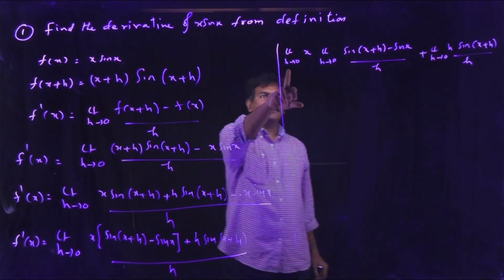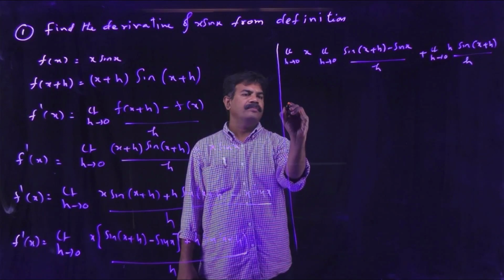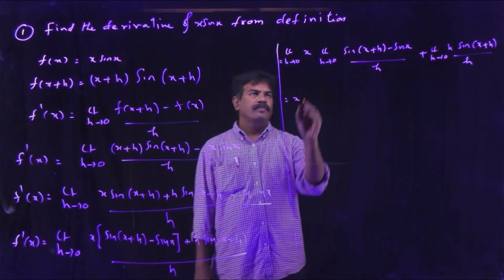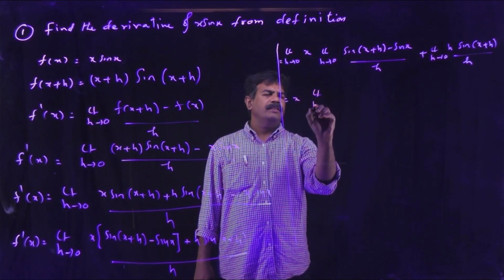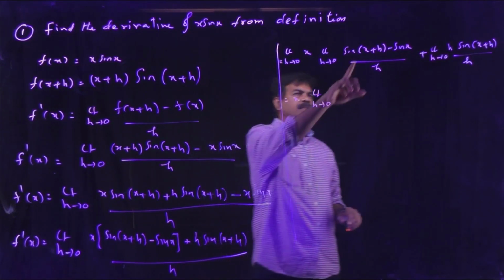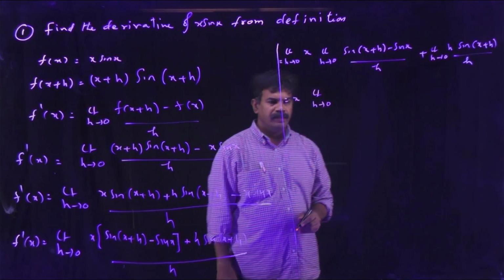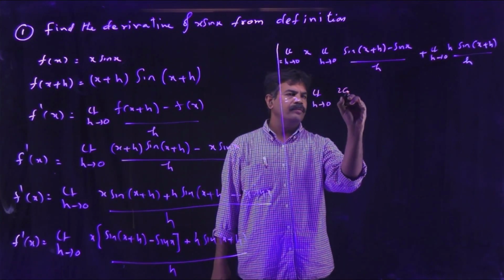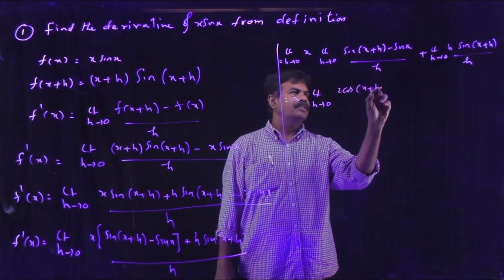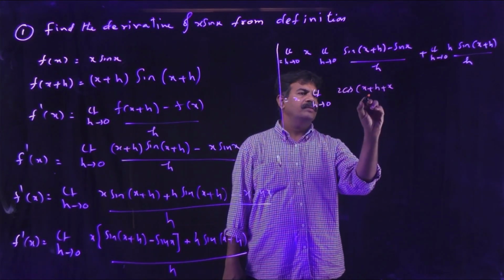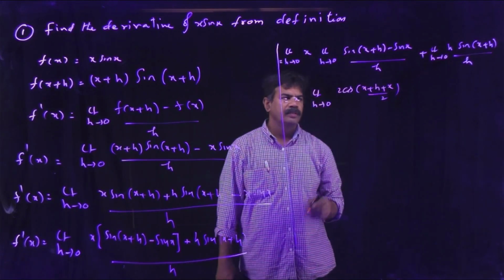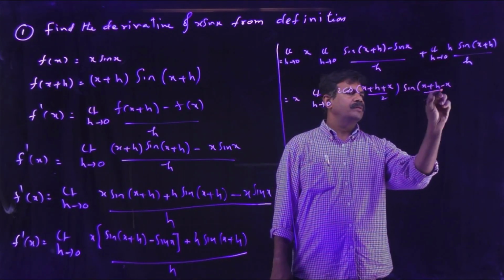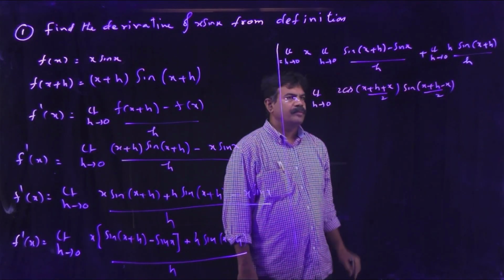We know that limit h tends to 0 x is x. X into limit h tends to 0, it is in the form of sin c minus sin d. We know that sin c minus sin d is 2 cos of c plus d by 2, that is x plus h plus x by 2, into sin of c minus d by 2, by h.